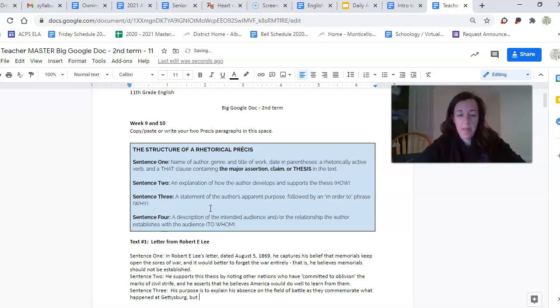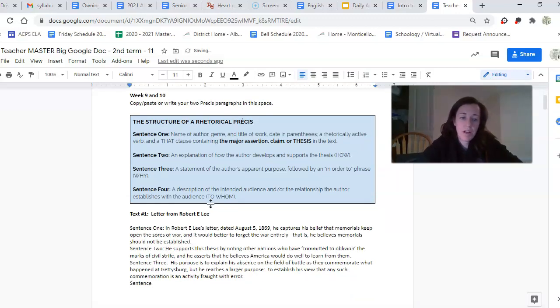But he reaches a larger purpose, to establish his view that any such commemoration is an activity fraught with error.